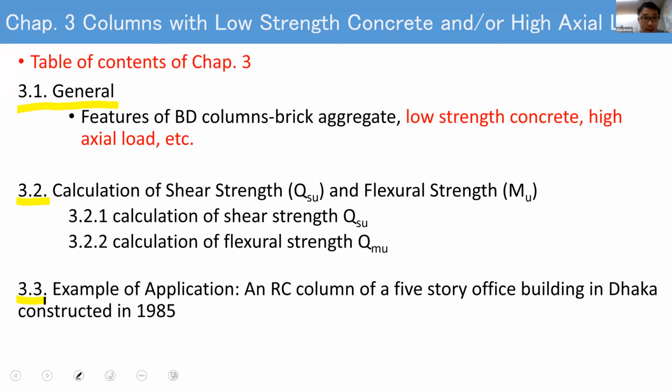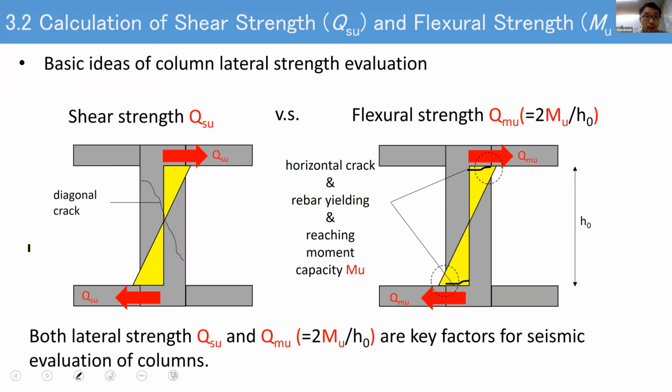And today I will explain mainly about section 3.2, calculation of shear strength and flexural strength. Before going to detail, I will explain about the basic concept of column lateral strength evaluation.